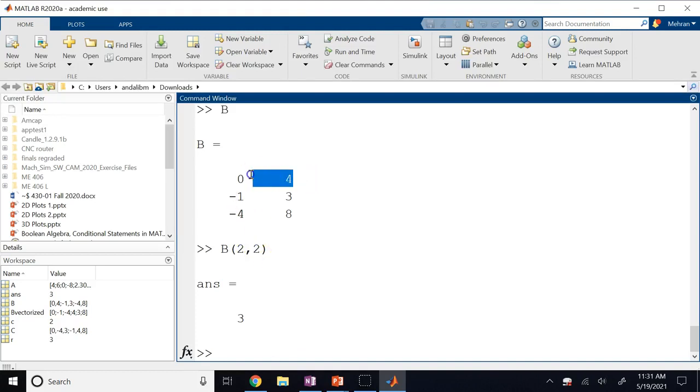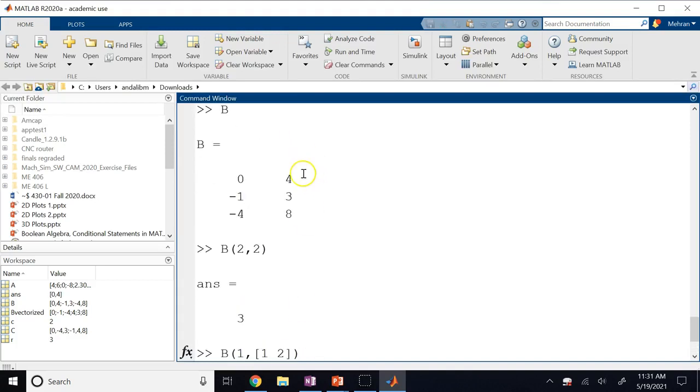Now, if I want the entire row, I go back and use the column operator. Let's say I want the entire first row. What do I say? I say B, entire row 1, but columns are going to be column 1 and column 2. So one way to do it is this. I say row is 1, but column is both 1 and 2.